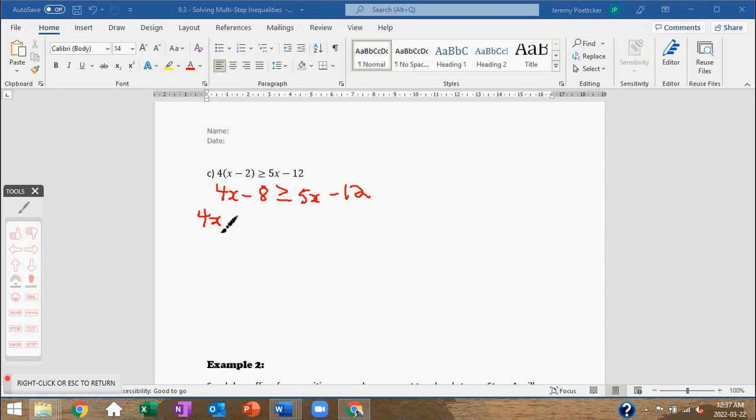4x minus 4x, minus 8 is less than or equal to 5x. Ooh, terrible x. Minus 4x minus 12. I'm left with -8 less than or equal to x minus 12. I'm going to add 12 to both sides to get rid of this.